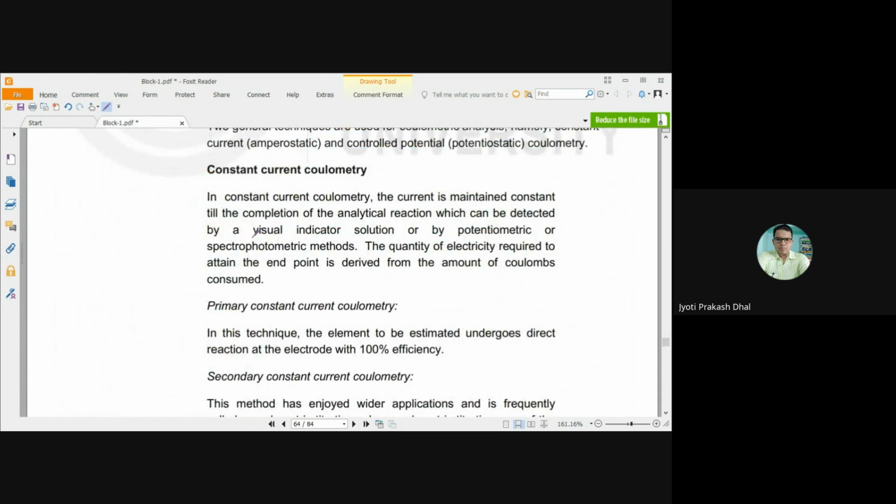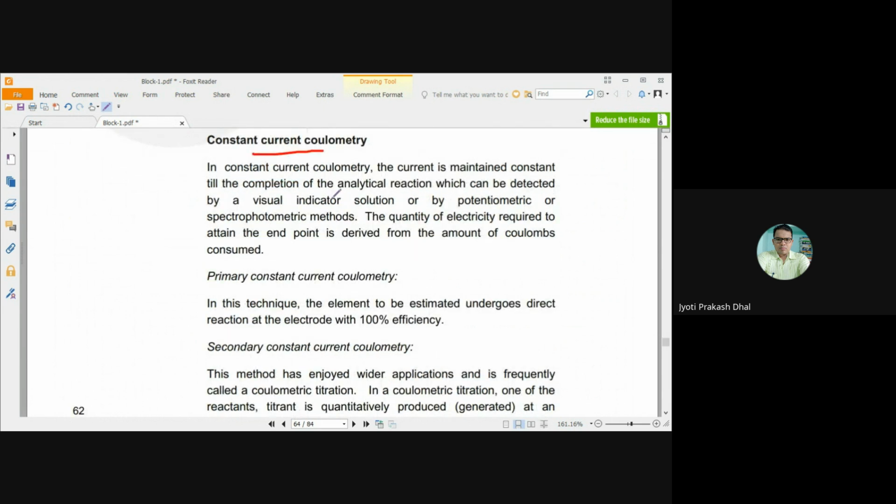So first we will discuss the constant current coulometer. In the constant current coulometer, the current is maintained constant till the completion of the analytical reaction, which can be detected by a visual indicator in the solution, or by a potentiometric method or by a spectroscopic method.